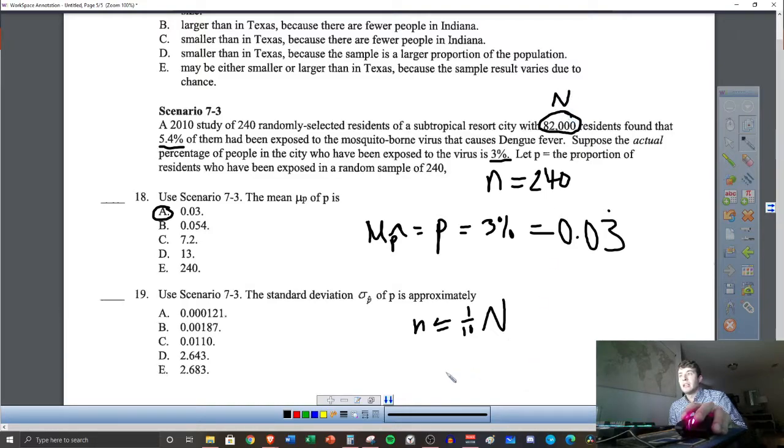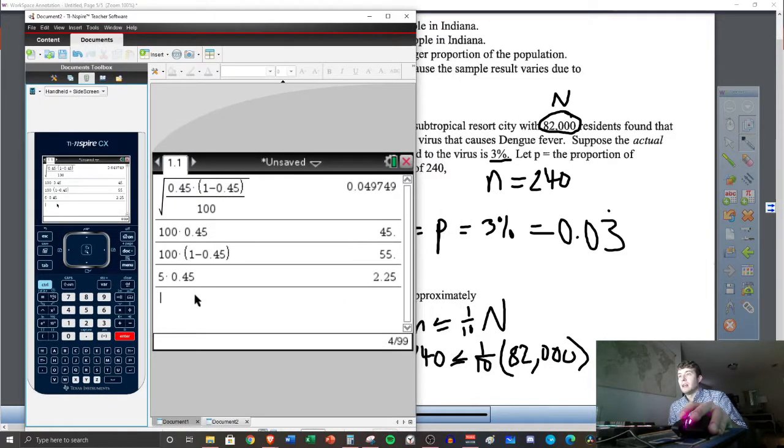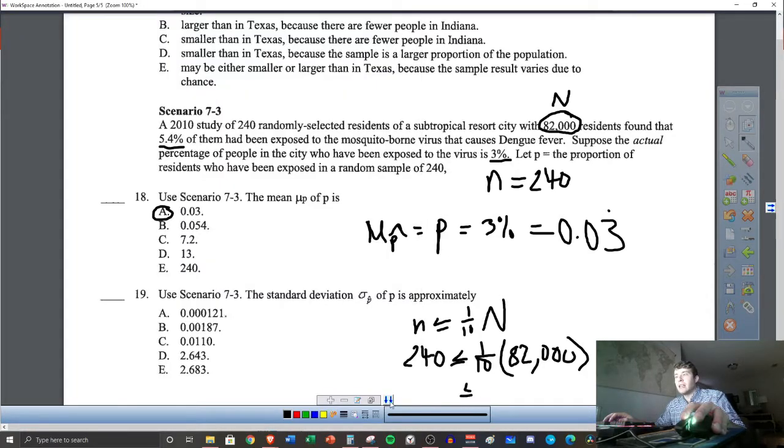So is 240 less than or equal to 1/10 of 82,000? That's what we're trying to show. So I'll grab the calculator, and we're going to do 0.1 times 82,000. That's 8,200. So is 240 less than 8,200?